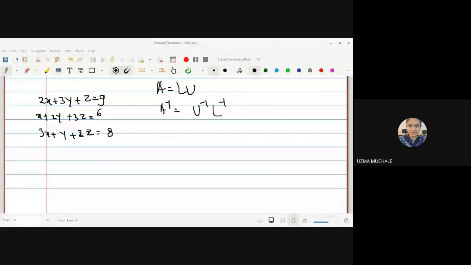Now solve the system Ux is equal to y for getting the values of x, y and z. Ma'am, x1 is 35 upon 18. Yes. x2 is 29 upon 18. And x3 is 5 upon 18. Okay, correct.